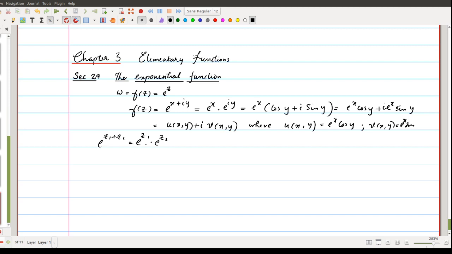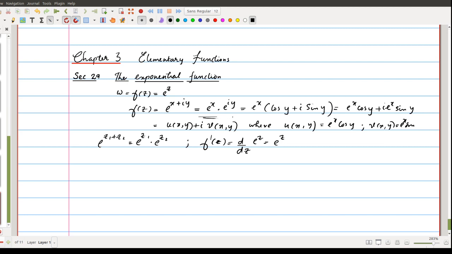And one important thing to remember is the derivative, d by dz of e power z, that will be the same thing, e power z itself. That is also verified using this definition itself.